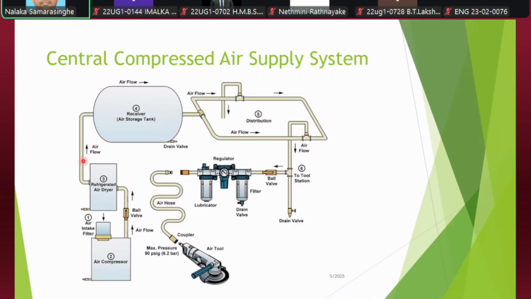So there will be some remaining moisture going into the receiver. The receiver is the air tank where we keep the air at a higher pressure, usually 6 plus bar, more than 6 usually.